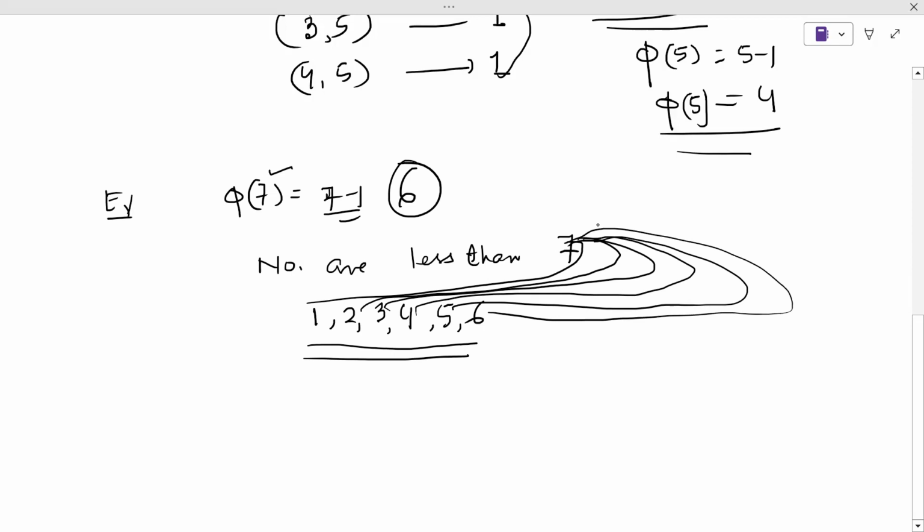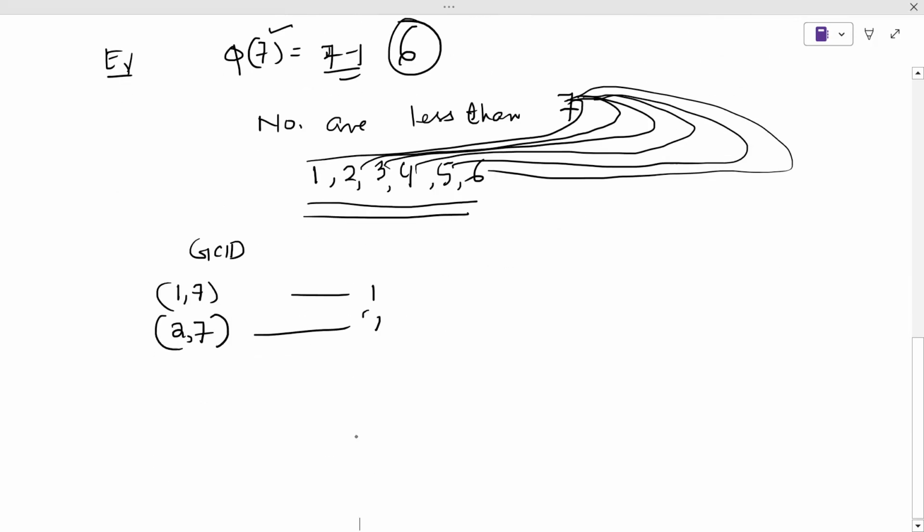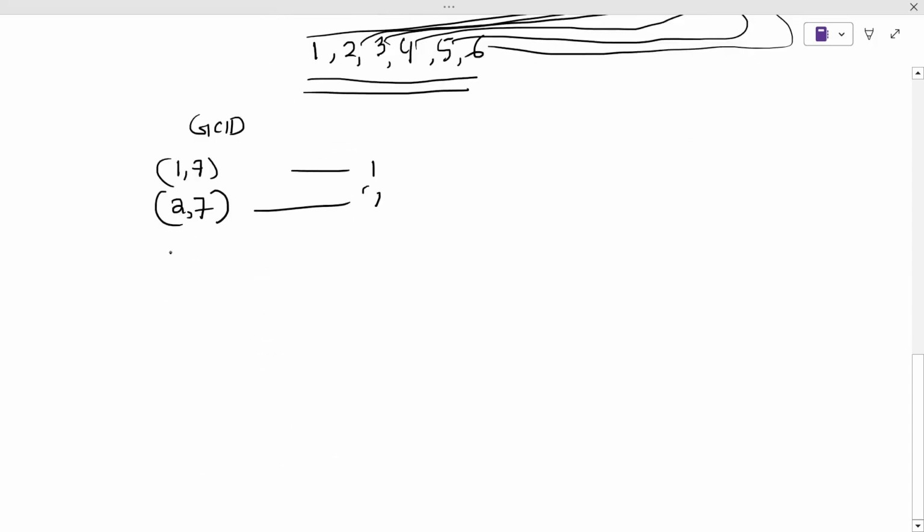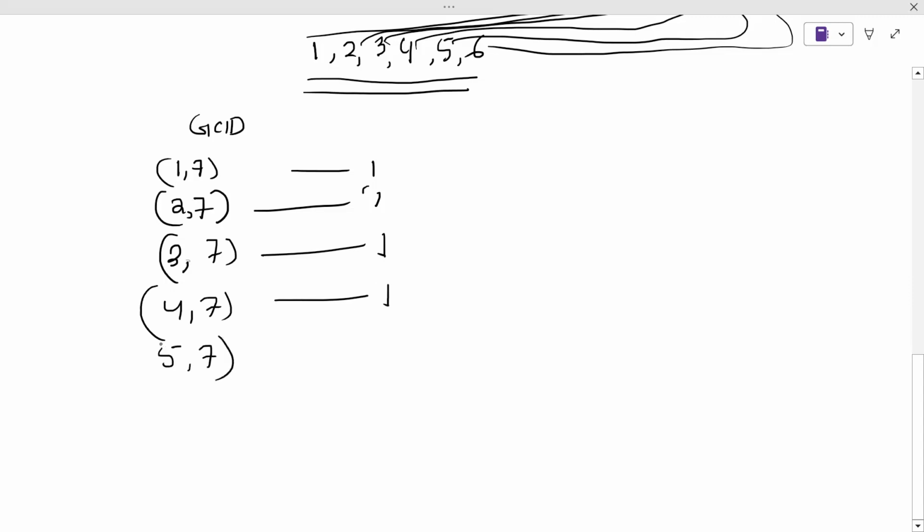The GCD of each is 1, so each is relatively prime.